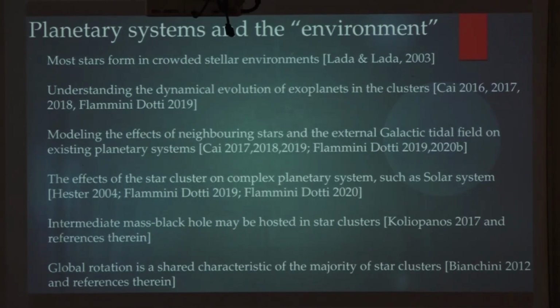We then see that intermediate mass black holes may be hosted in star clusters, so they're probably there, but we still don't have an effective visualized intermediate mass black hole in our observations. And then we use the global rotation that is seen and demonstrated for a lot of star clusters.